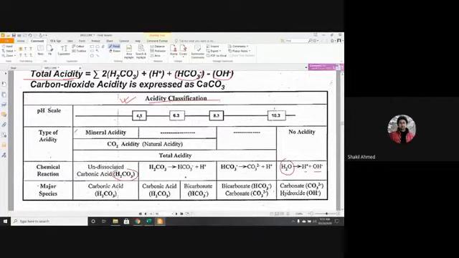Now here the acidity from 0 to 8.3 is called carbon dioxide acidity, natural acidity.